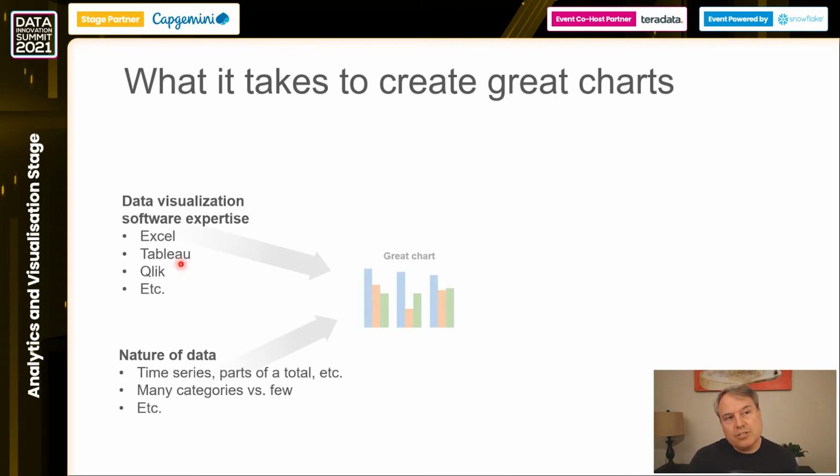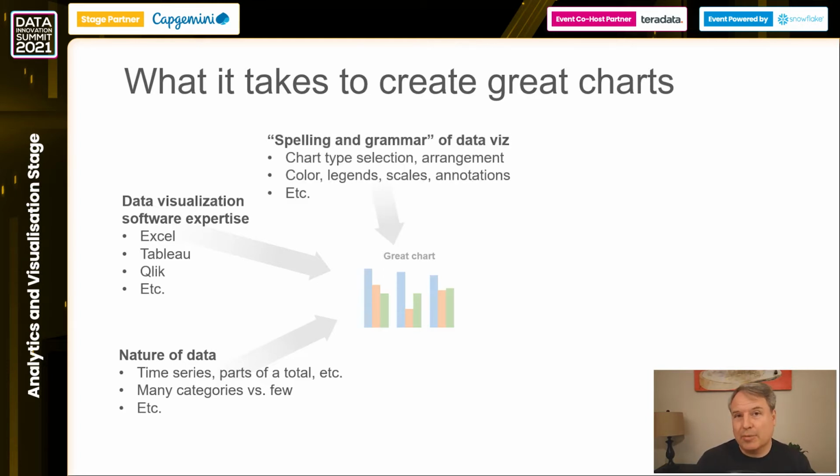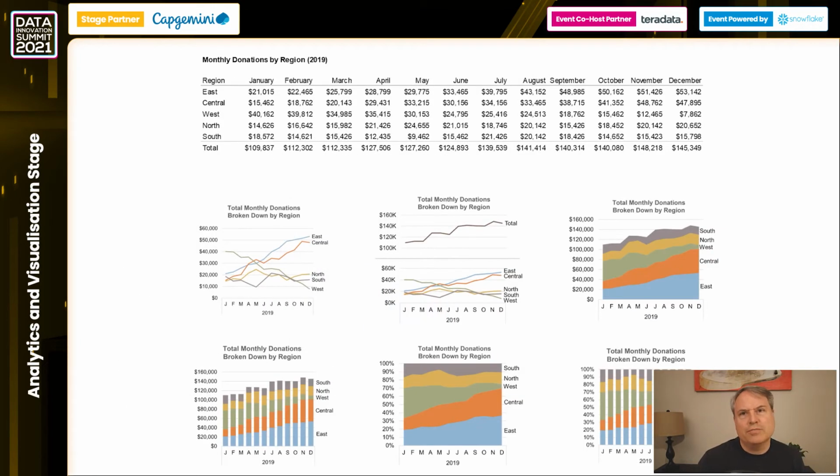So like I said, these two are necessary, but they're not sufficient. We also have to know what I call the spelling and grammar of data visualization, which is things like knowing how to choose the appropriate chart type for a given situation, how to choose the appropriate colors for a given situation, and legends and scales, annotations, many other skills, which I'll touch on briefly.